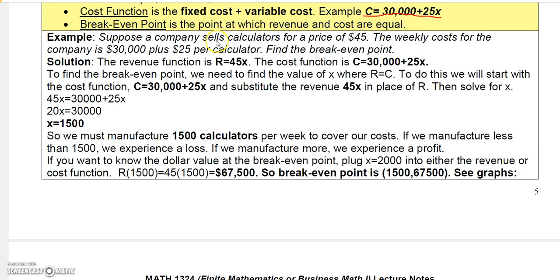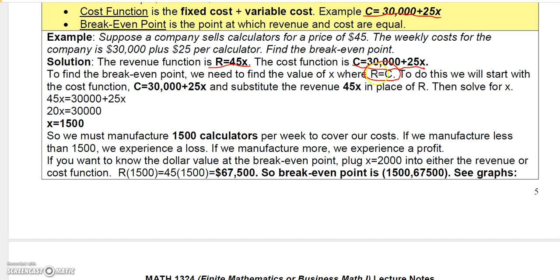Suppose a company sells calculators for a price of $45 each. The weekly cost for the company is given to be $30,000 plus $25 per calculator. Find the break-even point. Well, we know the revenue function is 45x, and we know the cost function is 30,000 plus 25x. So to find the break-even point, you actually want to solve the equation revenue equals cost.